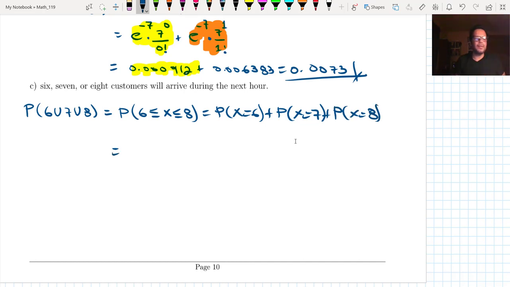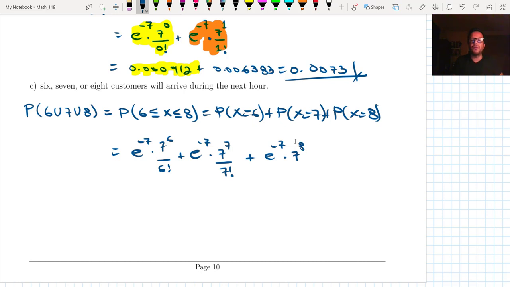So this will be e to the negative 7 times 7 to the 6 divided by 6 factorial, plus e to the negative 7 times 7 to the 7th divided by 7 factorial, plus e to the negative 7 times 7 to the 8th power divided by 8 factorial.